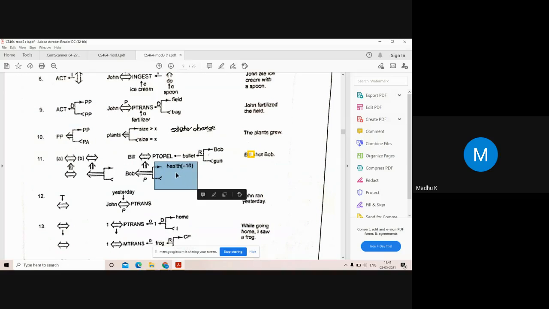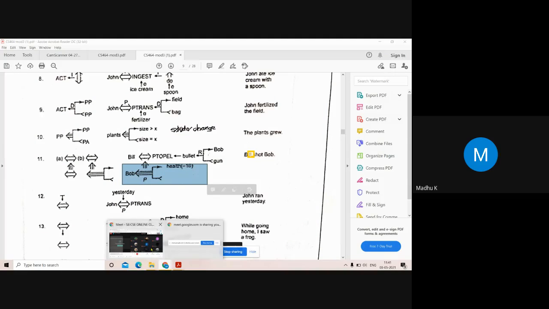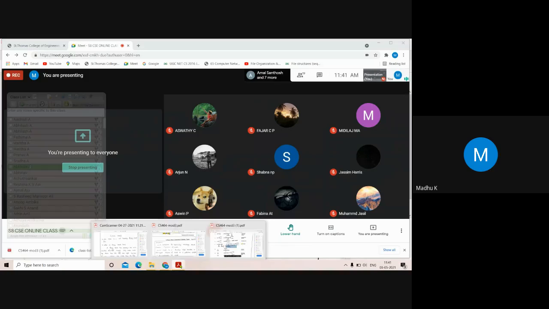Basically they set a health variable, and suppose health is initially 100, then to represent died, health decreased by 10. In this way, the died concept is implemented.